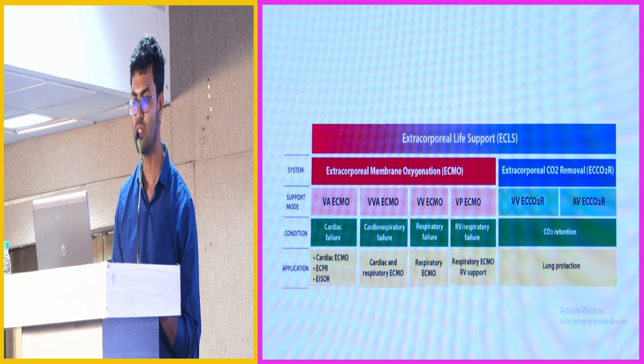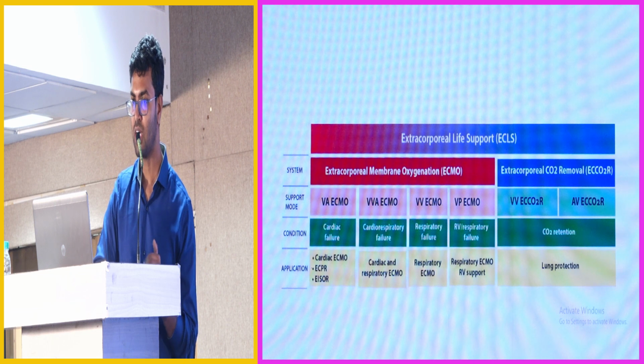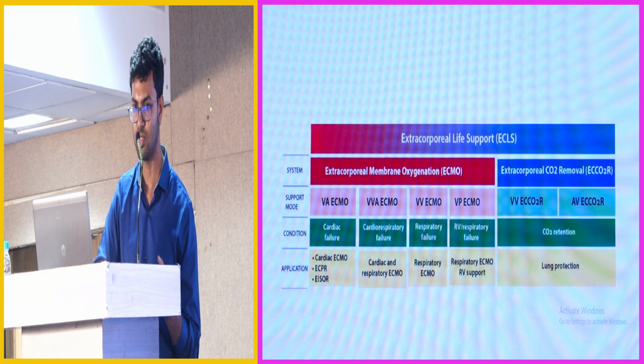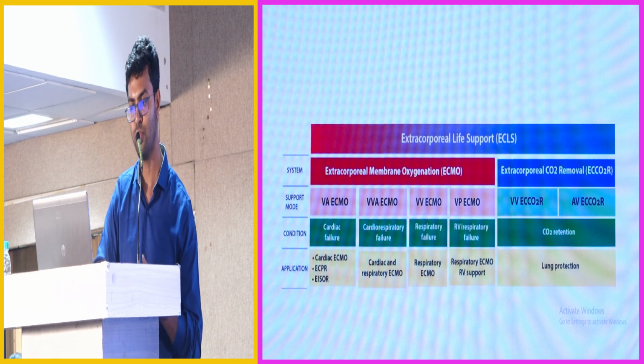The extracorporeal life support has two components. Either you are supporting only the lung, or you are supporting both heart and the lung. That is called extracorporeal membrane oxygenation, where there is a membrane for the diffusion of gases, where oxygen is added to the blood and CO2 is removed from the blood.